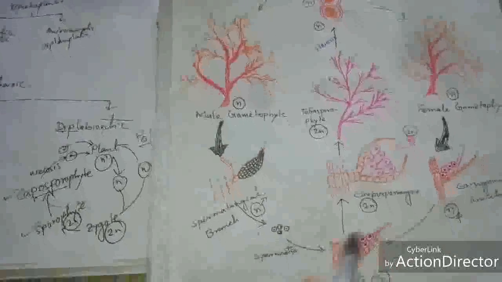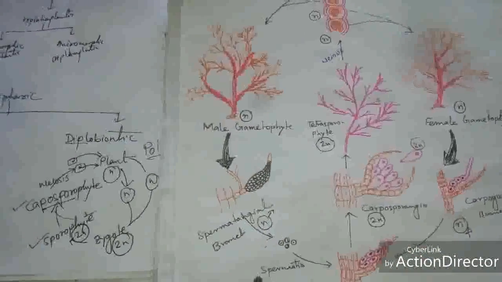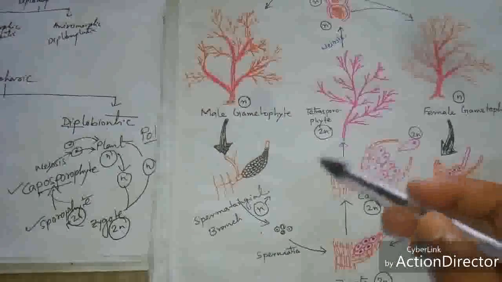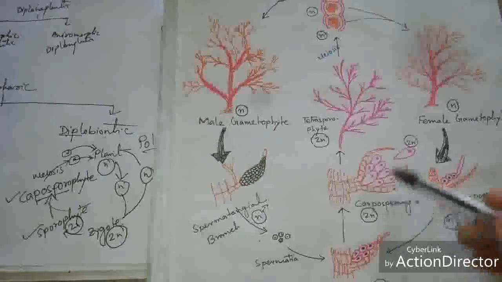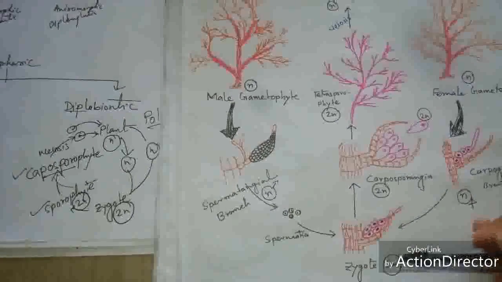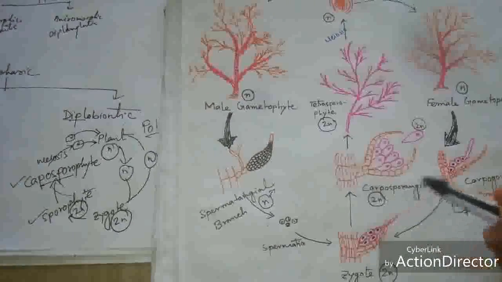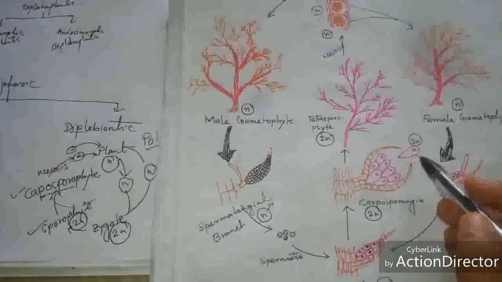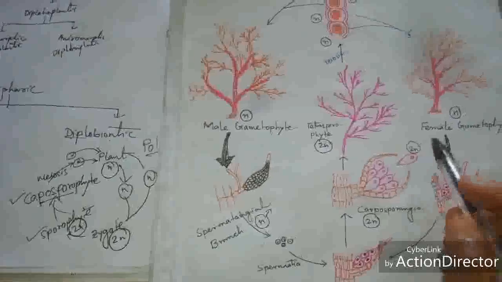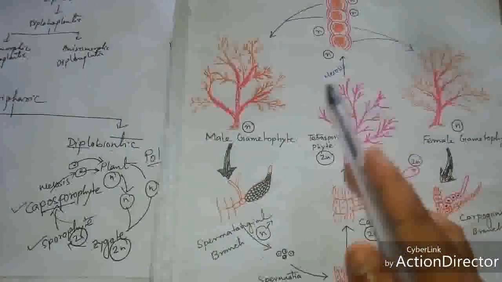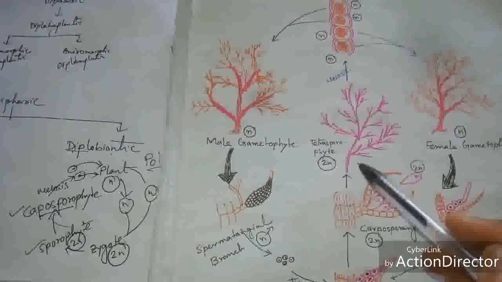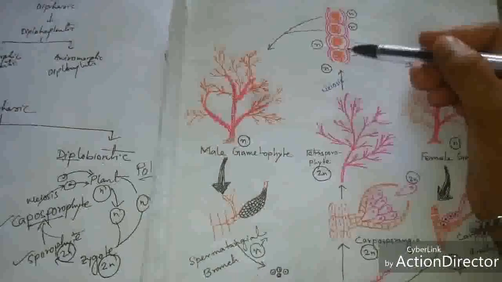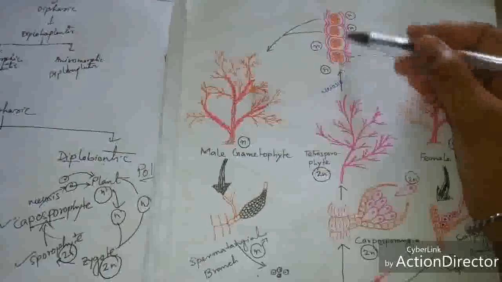And after the fusion of carpogonium and spermatia, the carposporangia are produced, which is diploid type. So the zygote is diploid and then the carposporangia produced are also diploid, and these carpospores produce a special type of tetrasporophyte, and this tetrasporophyte after meiosis produces four haploid spores.